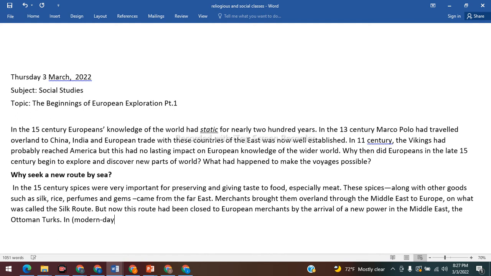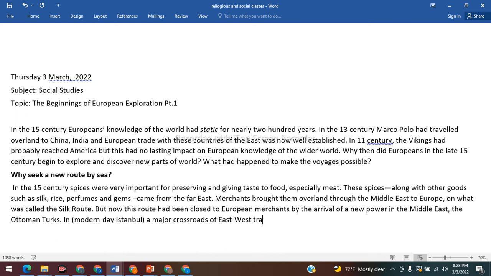We're given a description of where it is today. In modern day Istanbul, a major crossroads of east-west trade.